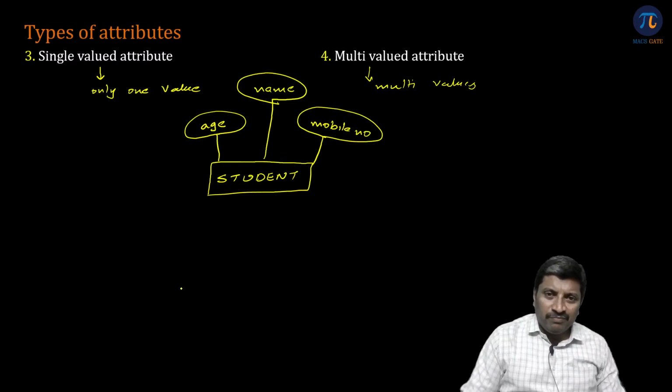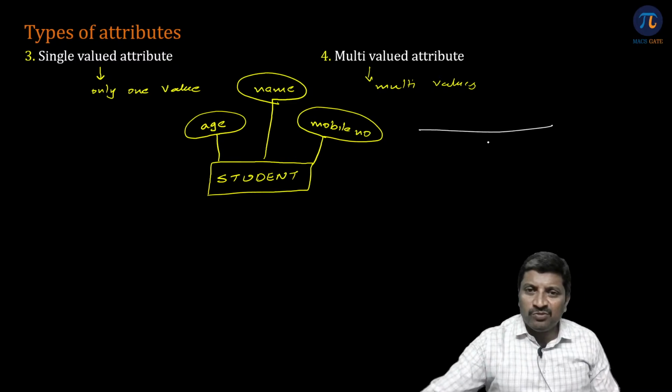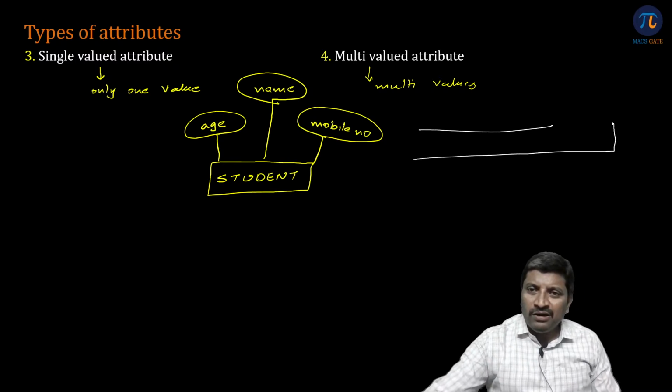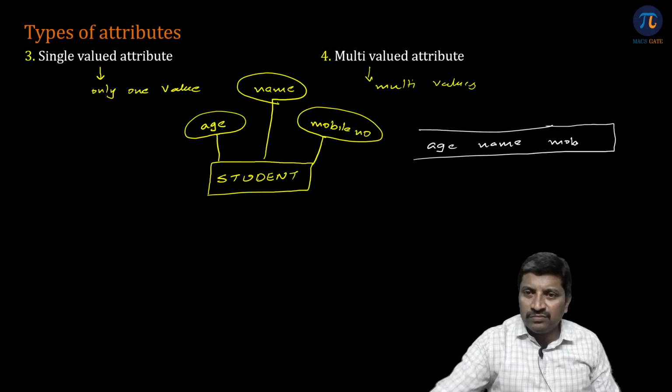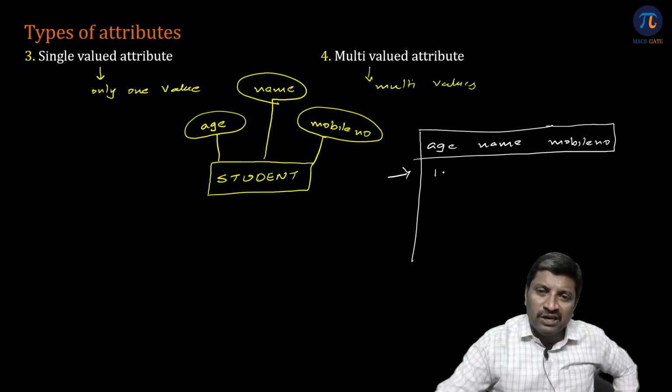Now look at this. This is my table, and here I have headings: age, name, mobile number. The first student came to the class. I asked what is his age. He will tell, I am 18 years old. What is your name? My name is Sudha.